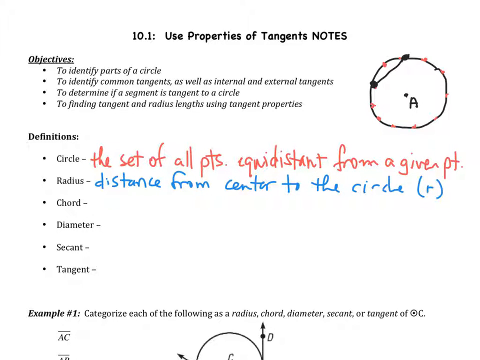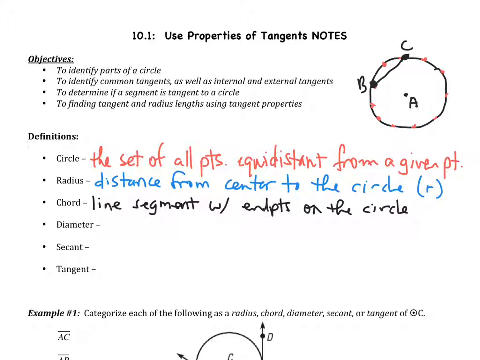More specifically, it is a line segment, and I'm specifically using this phrase, with endpoints on the circle. So an example is going to be BC, with a dash over the top. If you remember from chapter 1, a line segment doesn't have arrows. It means it has endpoints.